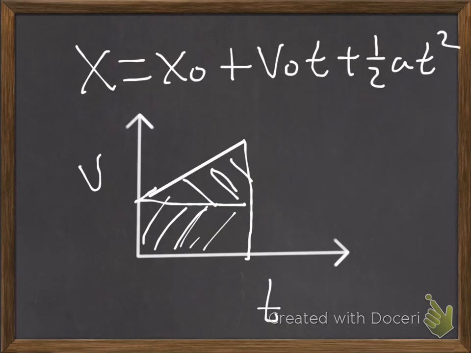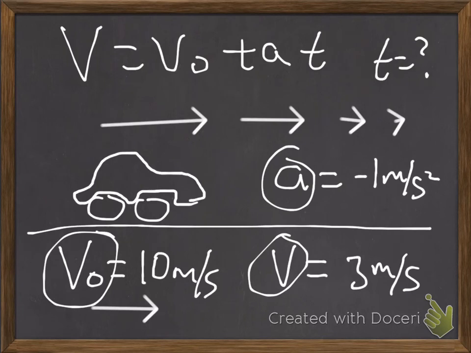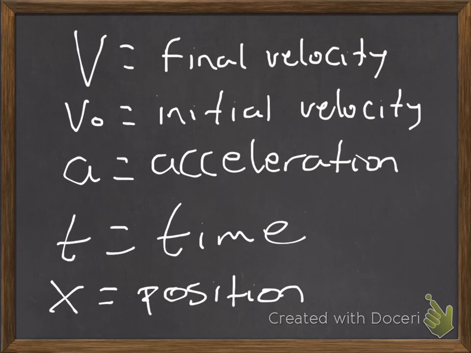Here we go. I passed it. So while we were reading the problem, I labeled everything. So I labeled initial velocity as 10. I labeled final velocity as 3. Your acceleration is -1. And then we said, okay, what do we want to find? And we want to find the time. Alright, so that's what we did.